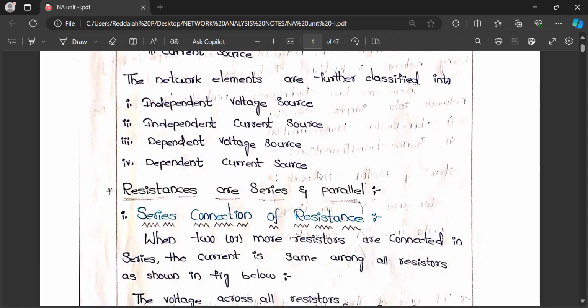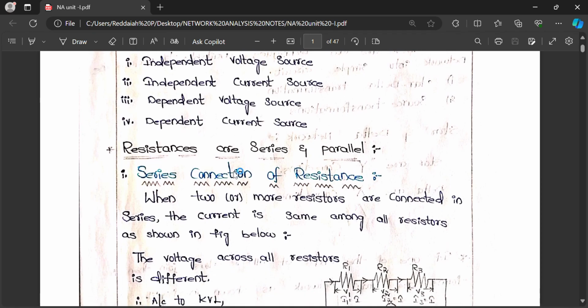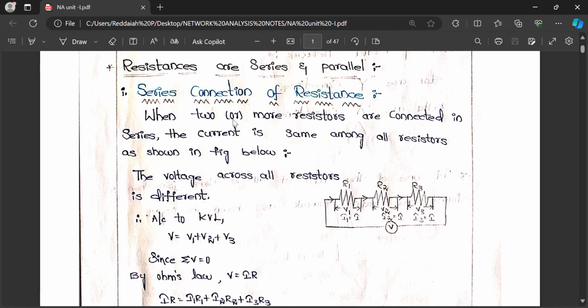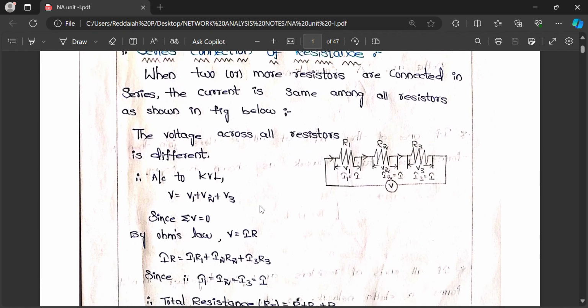The basic thing is resistances in series and parallel. First we have to know this before network analysis. When two or three resistors are connected in series, the total resistance is the sum of all these, R1, R2, R3. How did you get this? Apply KVL: the total voltage equals V1 plus V2 plus V3. The incoming voltage equals the total voltage drop.